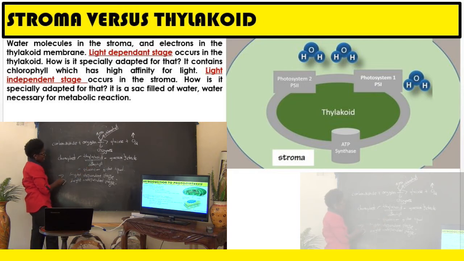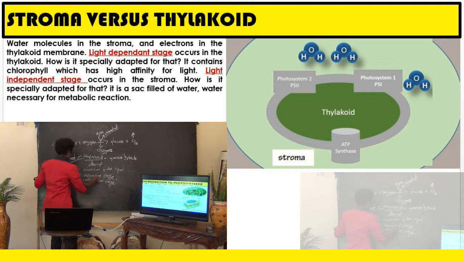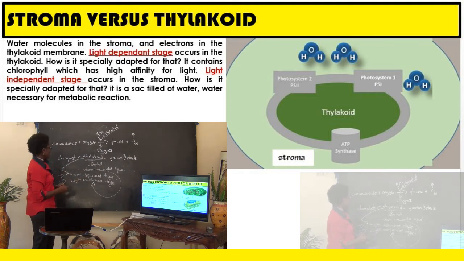So you realize that our thylakoid deals with our light-dependent stage, and then in the same vein, our stroma deals with the light-independent stage. Before we get back into the presentation, we want to get to know the reason as to why it is so. This has got to do with the way your thylakoid was configured.